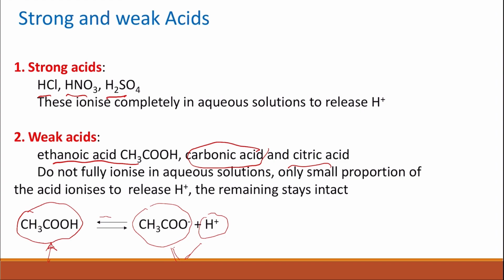So the reaction will keep going back and forth until the hydrogen ion concentration stays constant. And then we have reached what we call the equilibrium. At equilibrium, the rate of the forward reaction will equal the rate of the backward reaction. Normally, for a reversible reaction, we use these two arrows back and forth, which indicates the forward and backward reactions happening at the same time. So these are called weak acids.